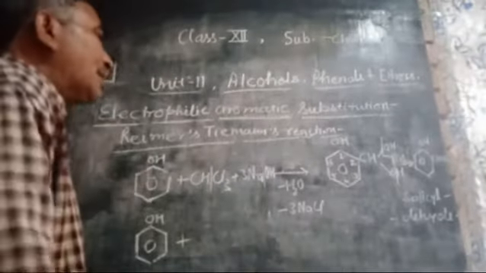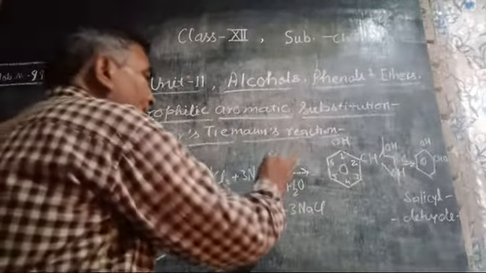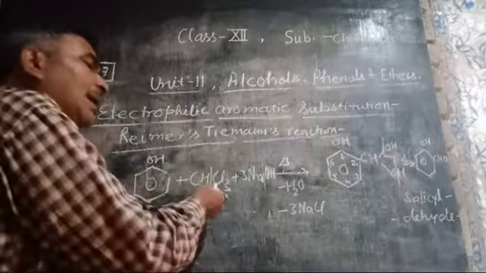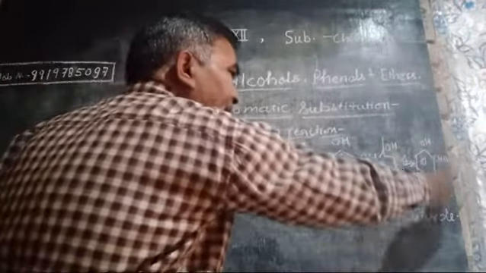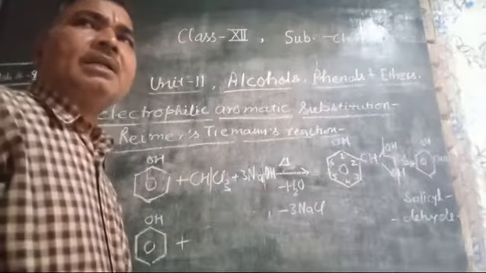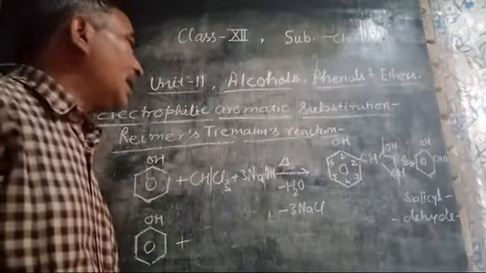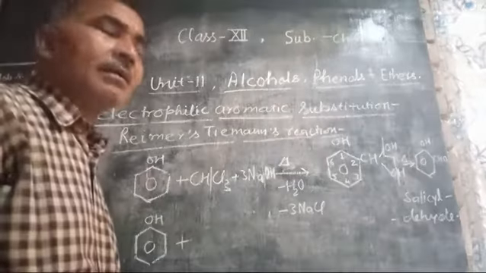And you can express in short that when phenol is treated with chloroform and alkali, salicylaldehyde is obtained. Such reaction is called Reimer-Tiemann reaction.